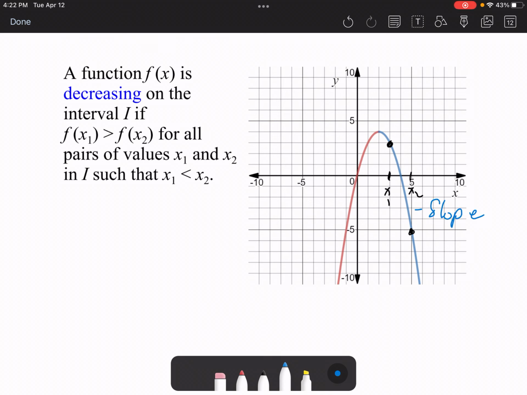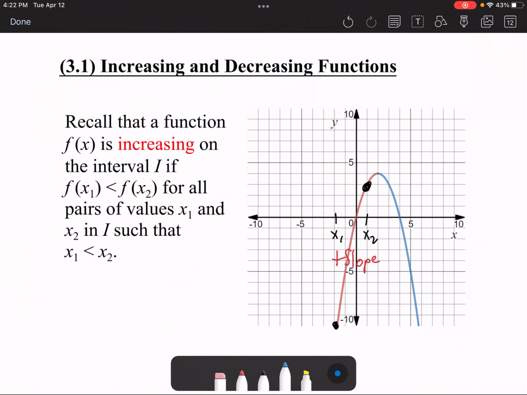So what you'll notice is that if you have an increasing function, then you also have a positive slope.